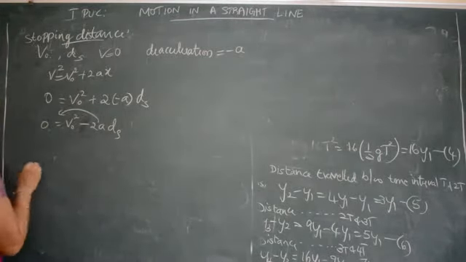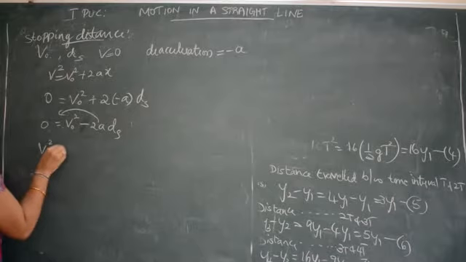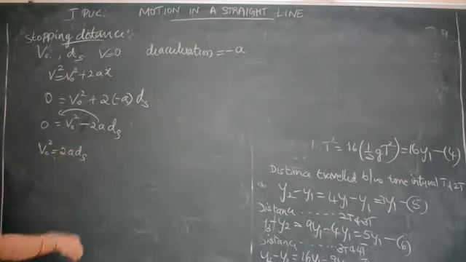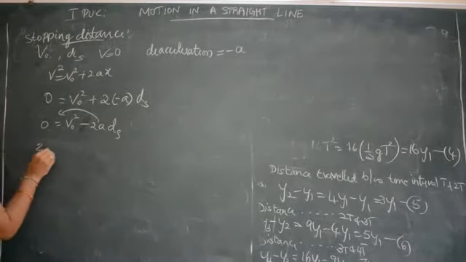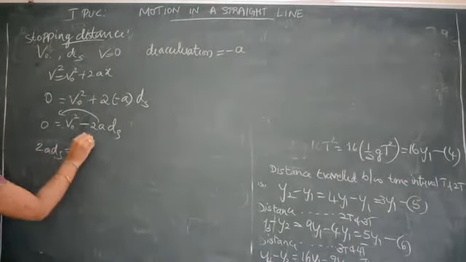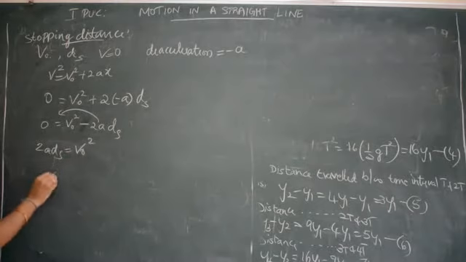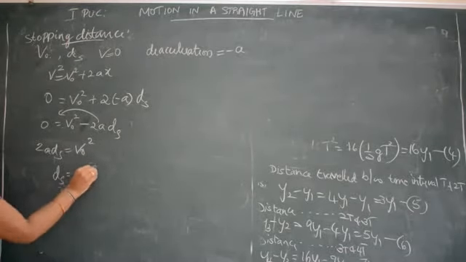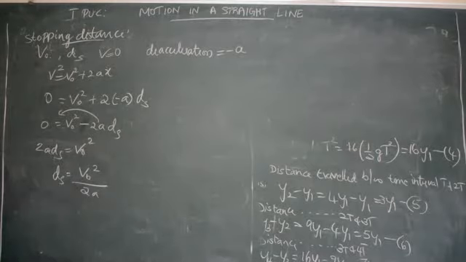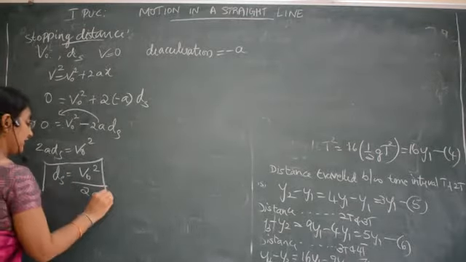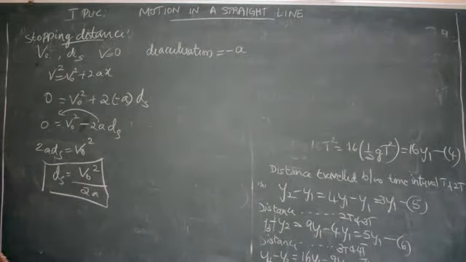Taking it to the other side, v naught square is equal to 2a ds. So ds is equal to v naught square divided by 2a. So we get the expression for the stopping distance, that is ds is equal to v naught square by 2a.